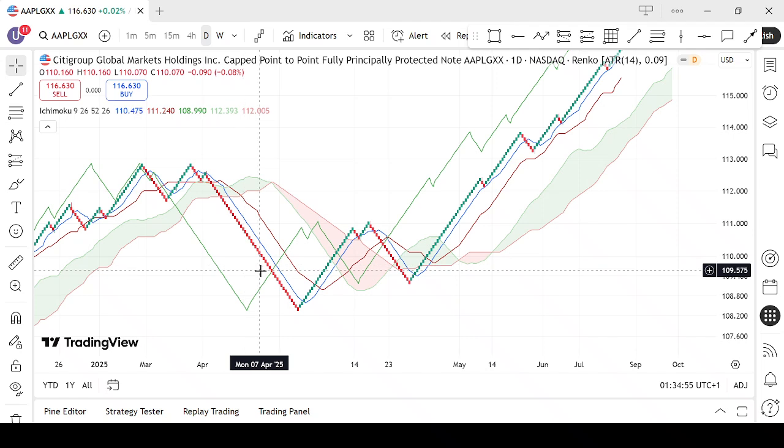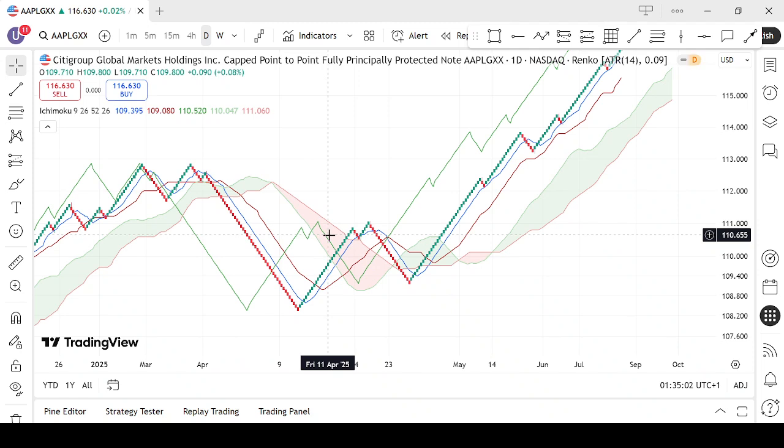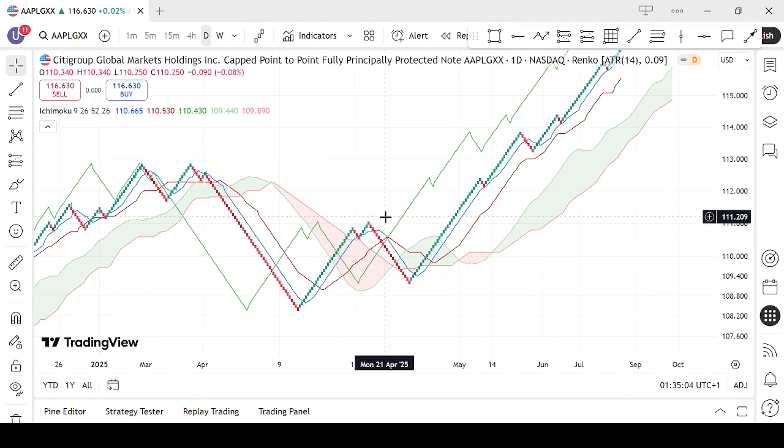This strategy relies on confluence, so do not forget that multiple elements must align to confirm your idea and your bias. By combining Renko clarity with Ichimoku's forward-looking indicators, you can identify high quality setups while minimizing noise and false signals.